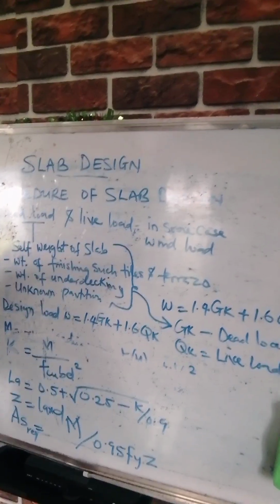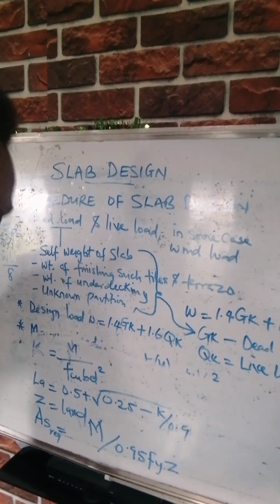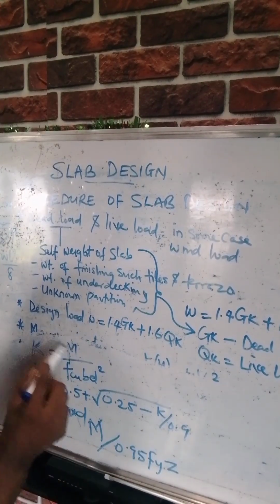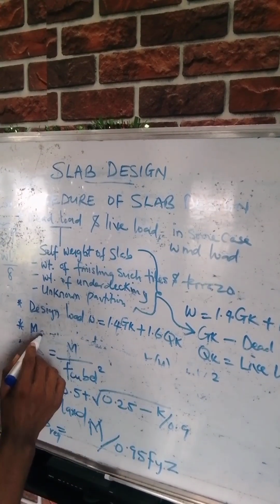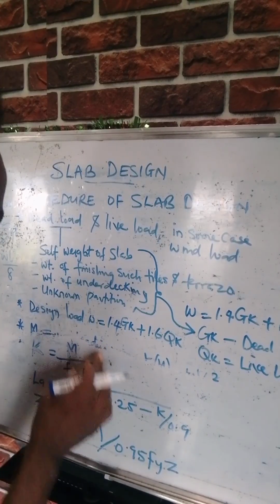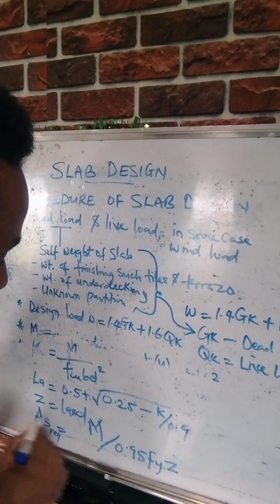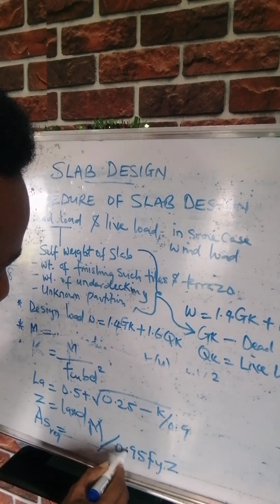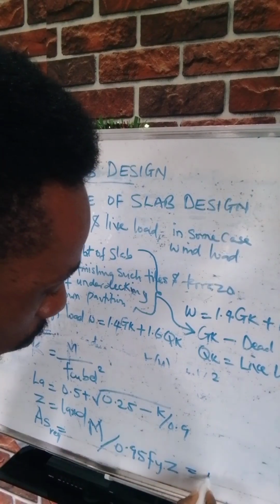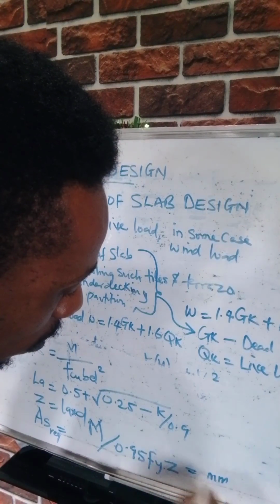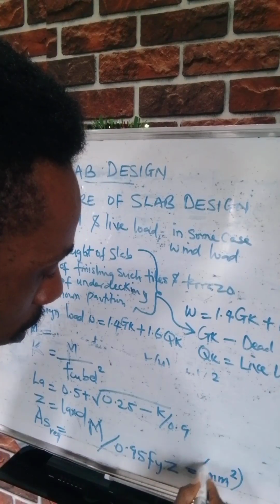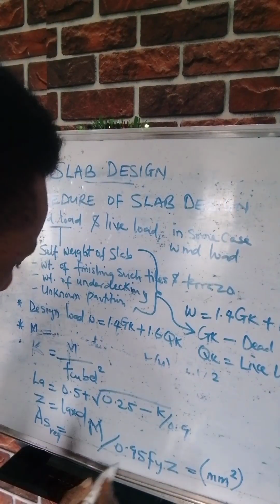So this M becomes your moment, which is the moment gotten previously. So you have 0.95 FYZ, and it's going to be in millimeter square. That will be the unit. Okay, so take note of that.